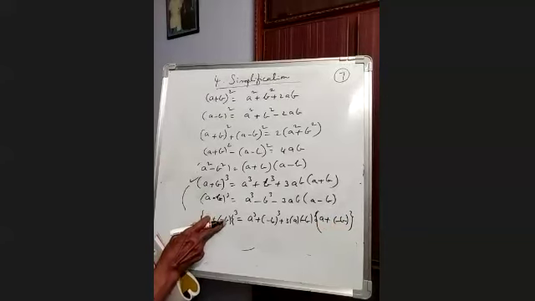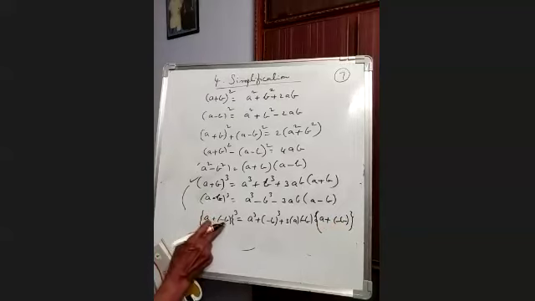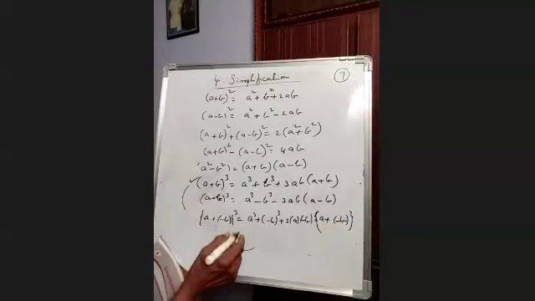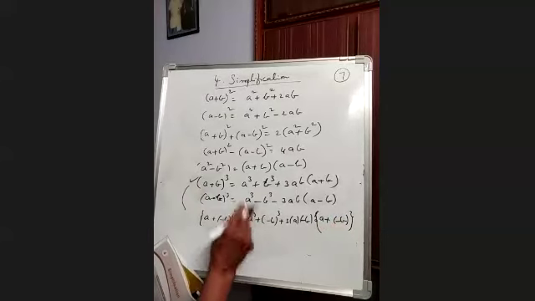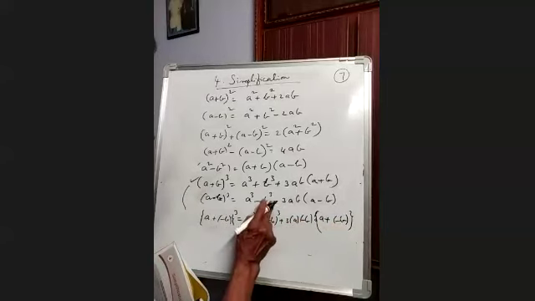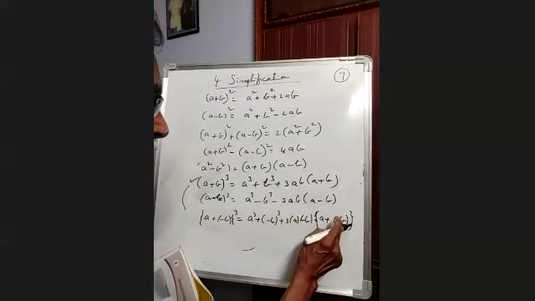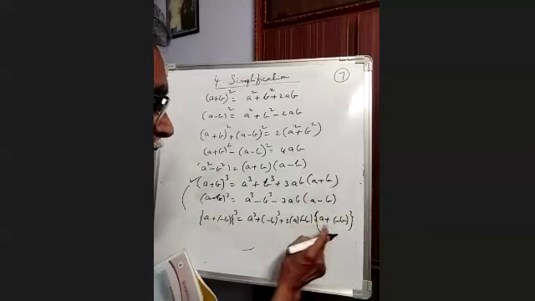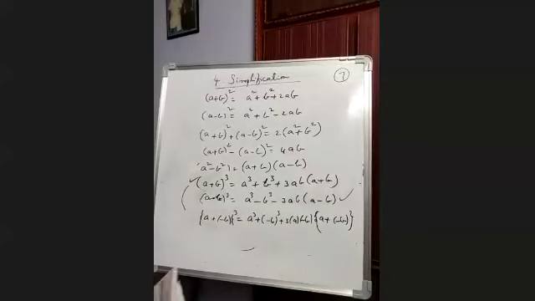Minus B whole cube will be minus B cube. Here minus into plus minus will be there. So this will come. Okay.